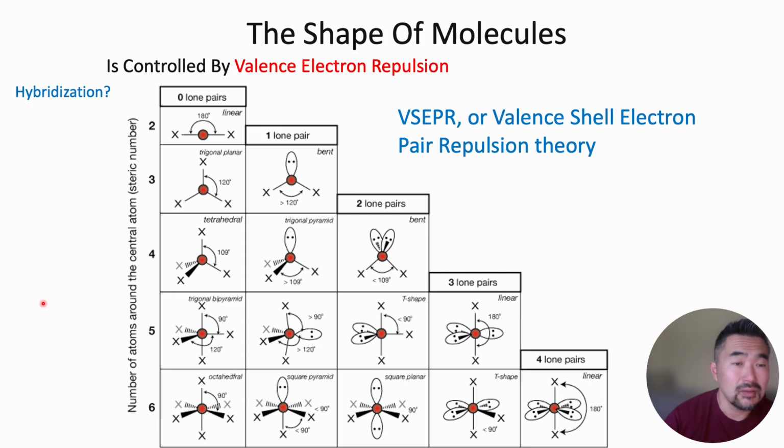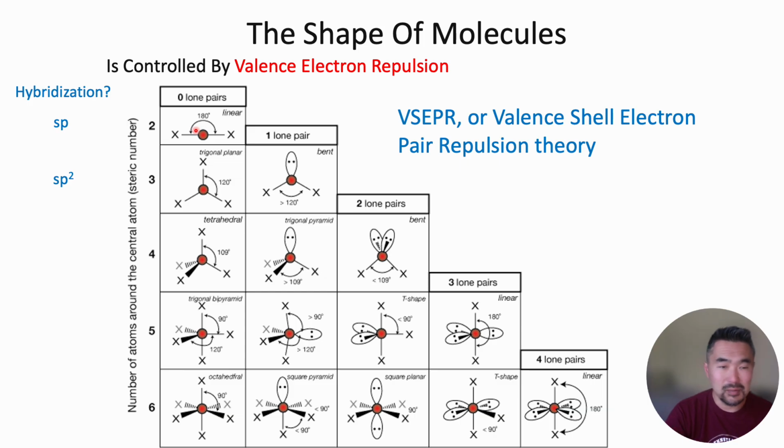If you have a linear molecular shape, because it only has two atoms attached to it, what would be the hybridization? Hopefully you can figure out that it's sp hybridization, because you hybridize two atomic orbitals to make two hybridized orbitals, so you can bond with two other atoms. You mixed one s and one p.